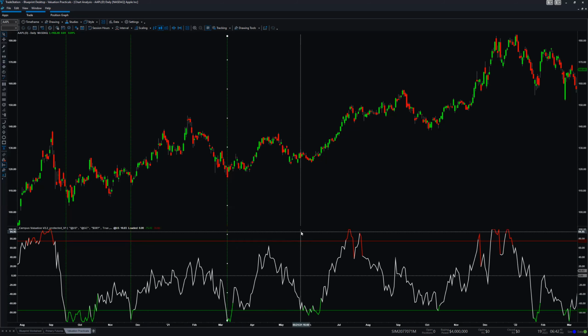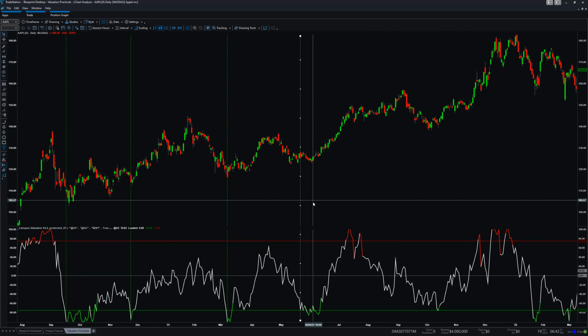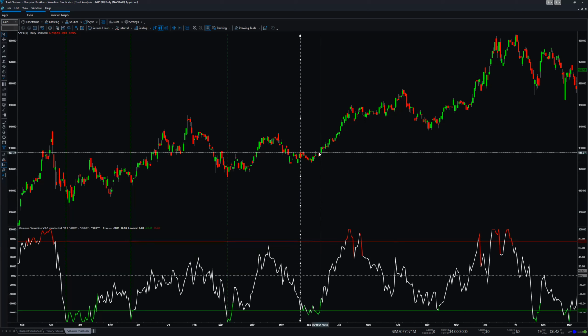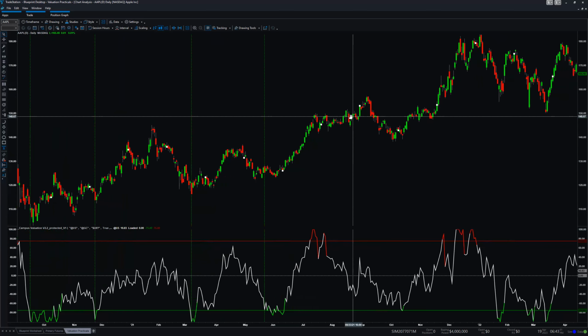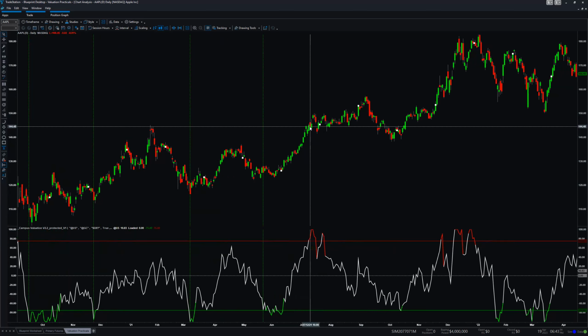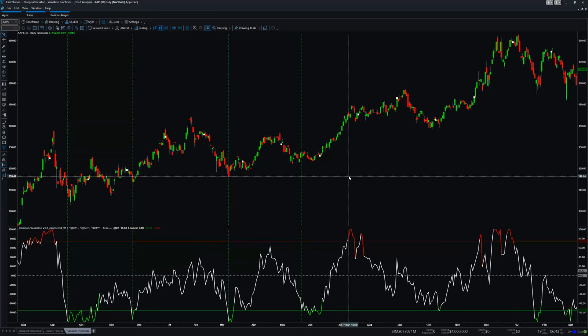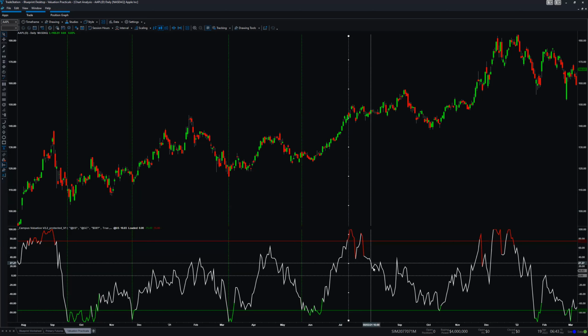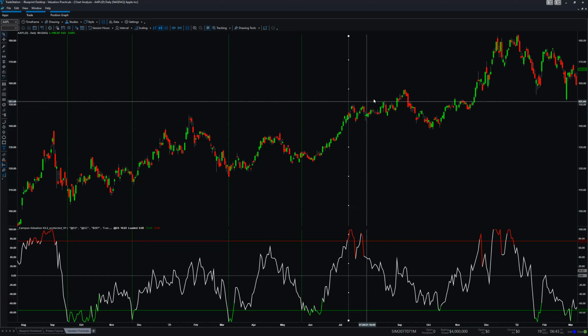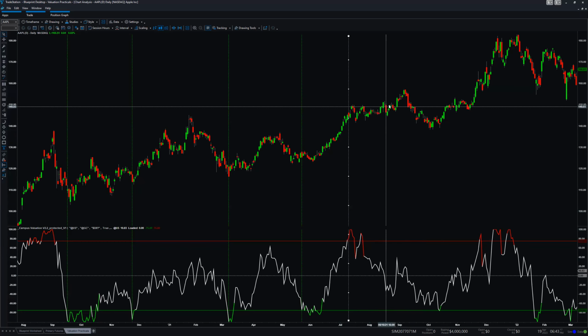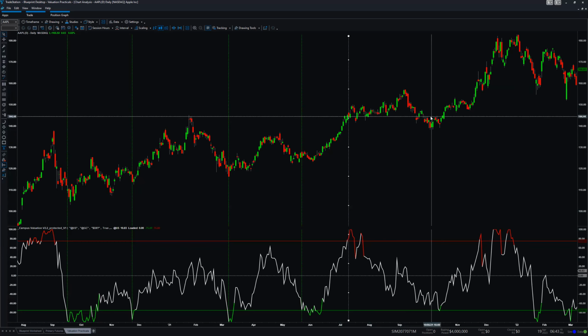It set up a very nice rally. Then we are undervalued again, starting from here, and we stay undervalued for quite some time. And then we also get a very nice rally here. Then we're overvalued, and we can see that the overvalued reading doesn't really produce a big decline. Eventually it does, but we push higher and higher, and only then it declines.